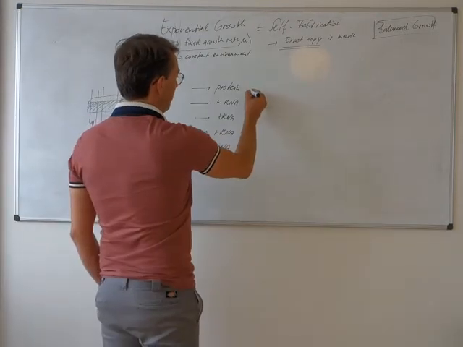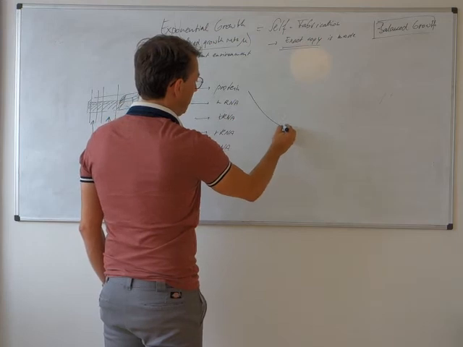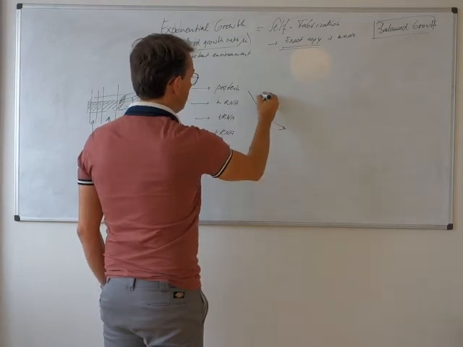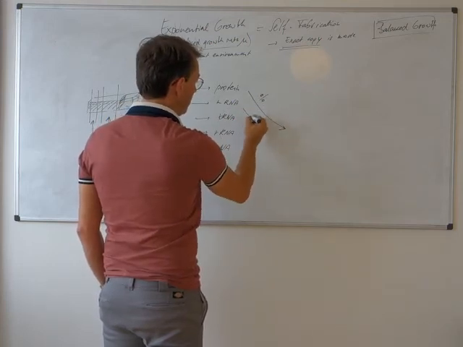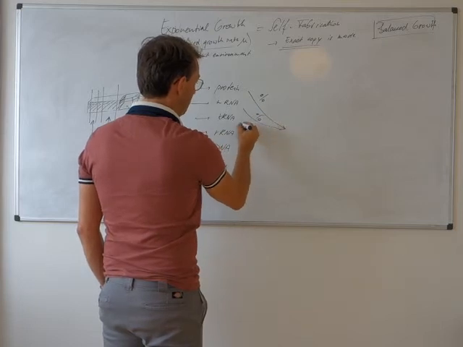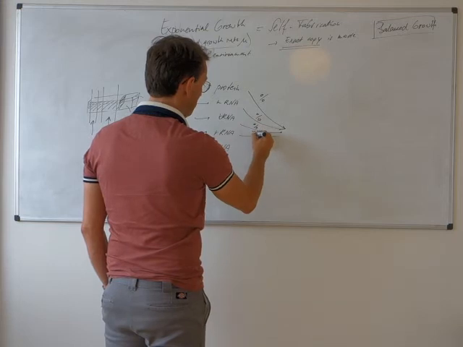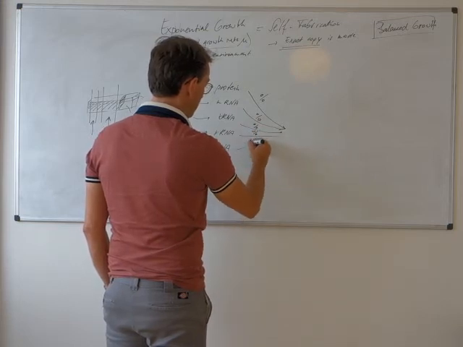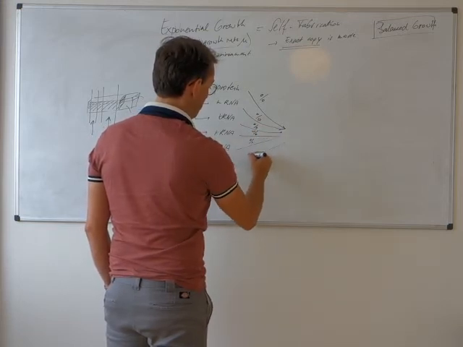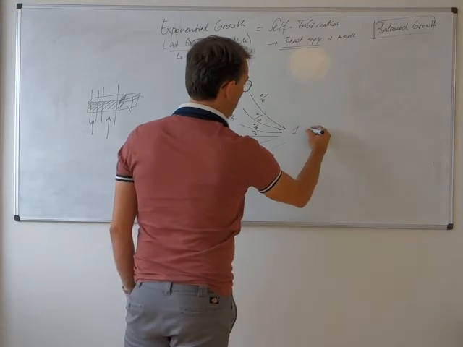And then per gram cell we have a certain percentage protein, a certain percentage mRNA, a certain percentage tRNA, ribosomal RNA, DNA, and lipid. And this makes 1 gram cells.